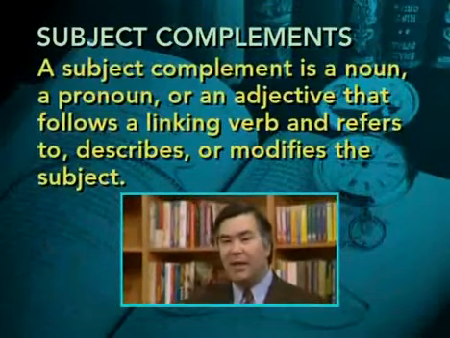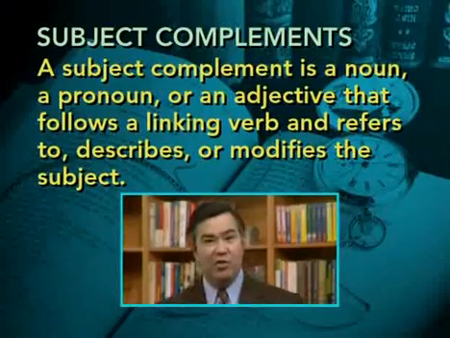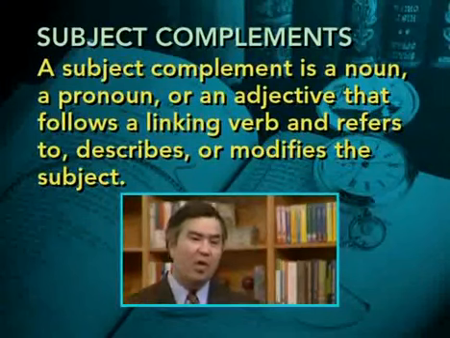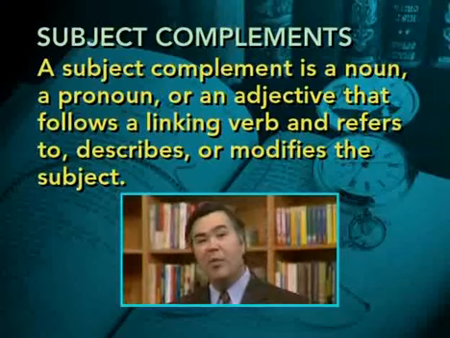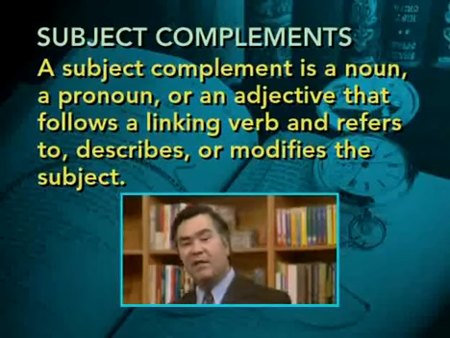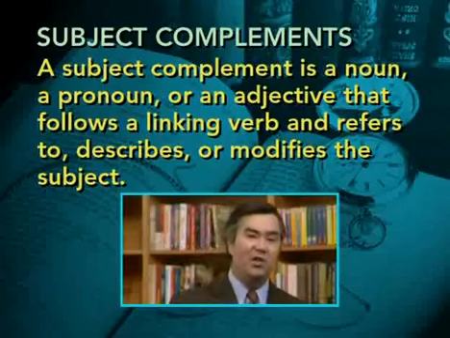A subject complement is a noun, a pronoun, or an adjective that follows a linking verb and refers to, describes, or modifies the subject. Remember earlier in this program when we talked about how linking verbs work, we pointed out that linking verbs always connect the subject to something that follows the linking verb and which is being equated to the subject.